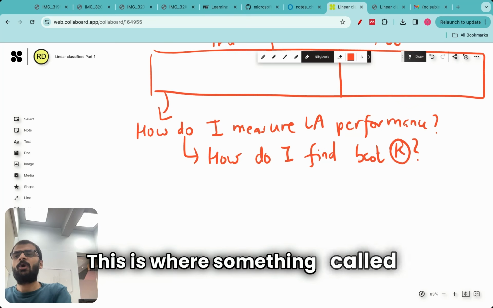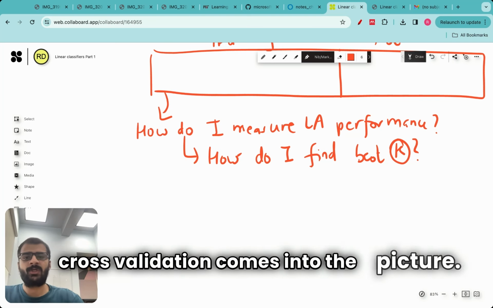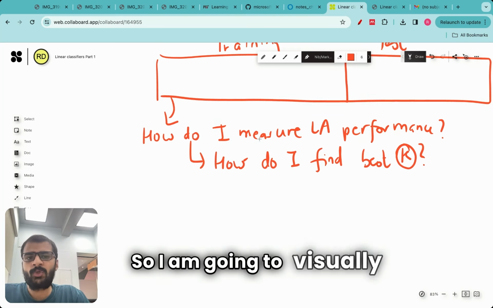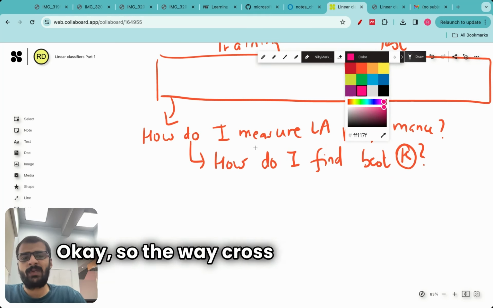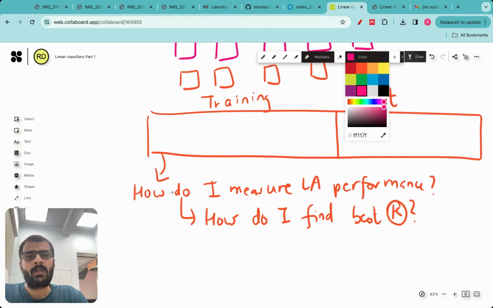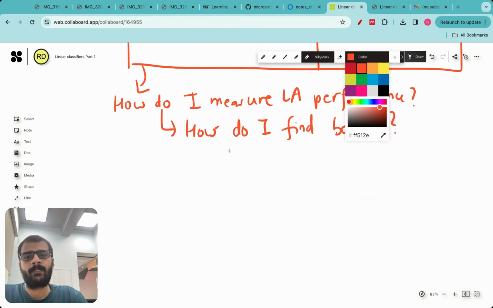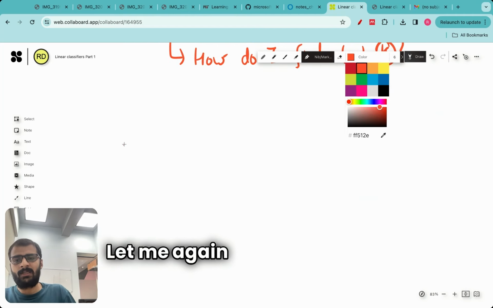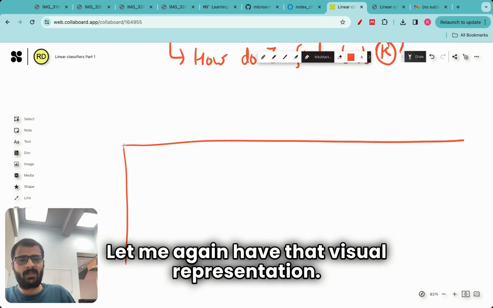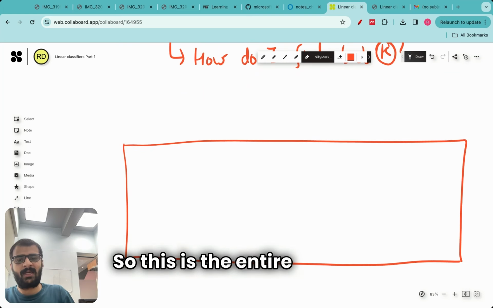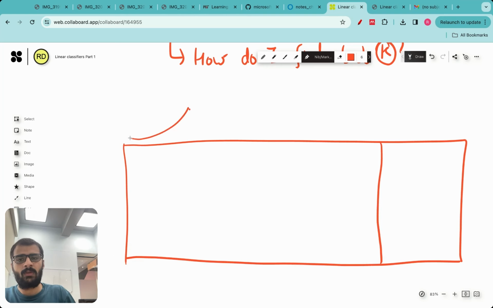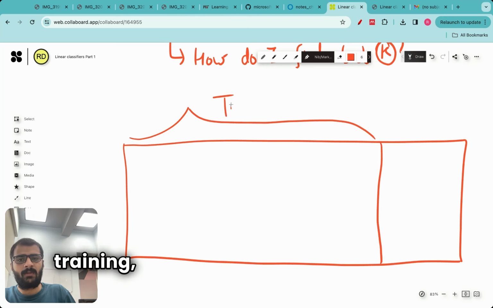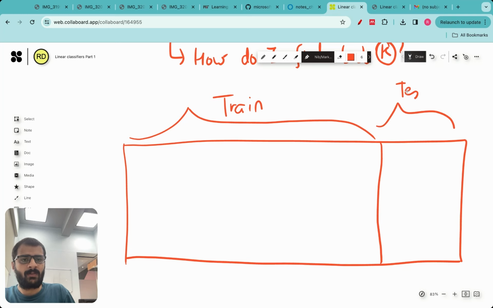This is where something called cross validation comes into the picture. So I'm going to visually explain the procedure of cross validation. So the way cross validation works is this. Let me again have that visual representation. So this is the entire data set, and let's say I break it down into training and testing.